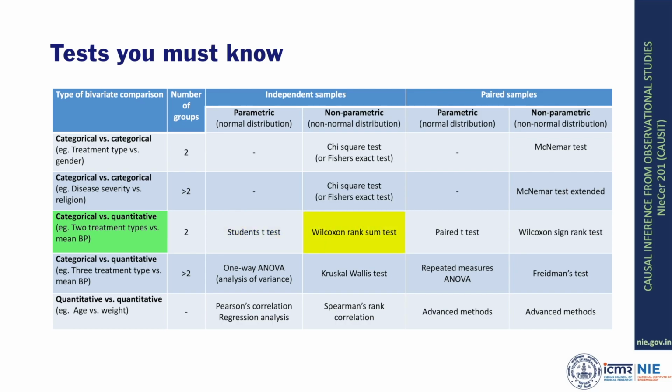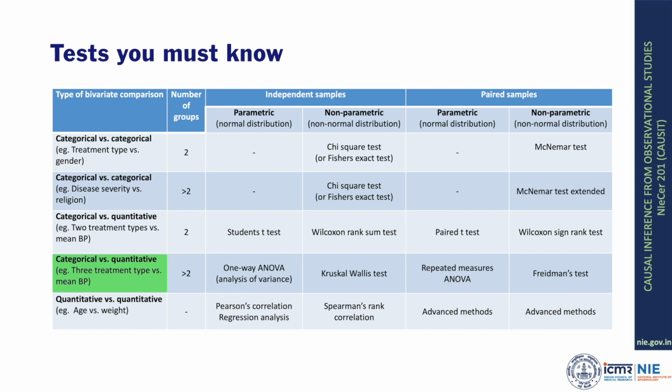If it is a paired situation, that is a before and after situation, you use the paired t-test if it is a normally distributed continuous variable, and if it is not normally distributed, you use the Wilcoxon signed rank test.